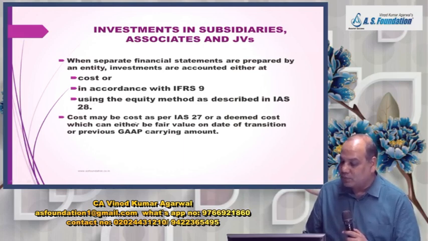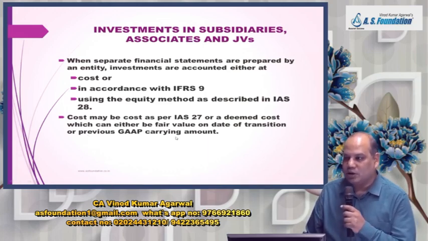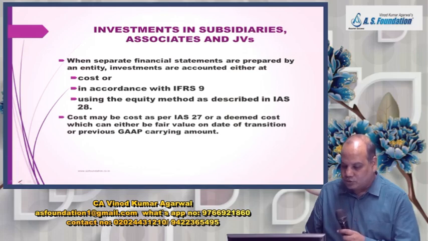So in previous GAAP they must be carrying it at some cost. So what the standard says, for the purpose of cost, the cost may be the cost as per IAS 27 or a deemed cost which can be fair value on the date of transition or previous GAAP carrying amount. So what is cost on the date of transition? Three options are given to you.